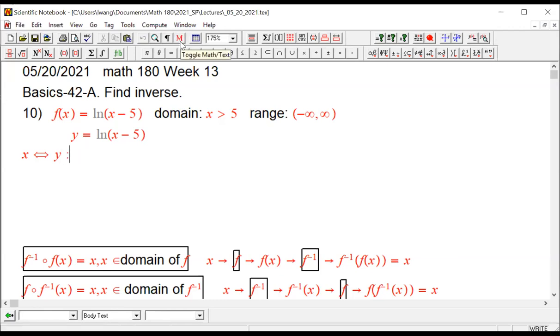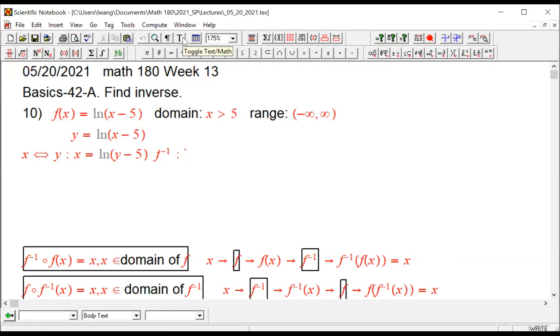So we have the swap. Y minus 5. Here we need to be aware the swap will cause the domain for the inverse function. It's already decided.